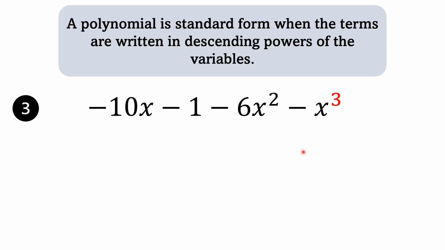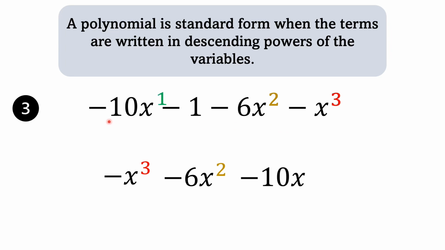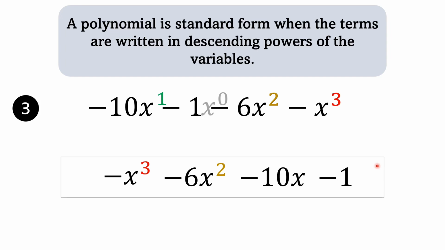So let us identify the term with the highest power of x, and that is cube, and that's the leading term, negative x cubed, followed by power of 2, negative 6x squared, and then followed by negative 10x, and then the constant term, negative 1. So that's the polynomial in standard form.